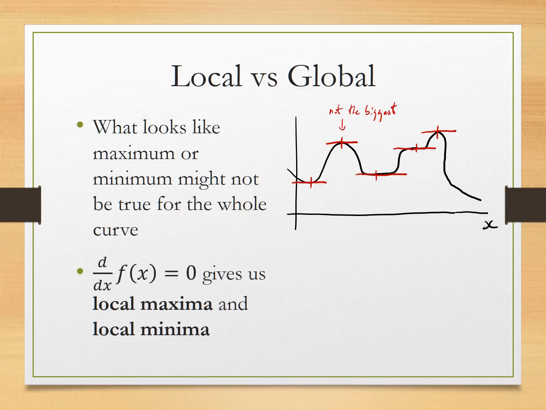The process of setting the slope equals 0 only gives you what we call local maximum and minimum. The points are the biggest around a neighborhood of points. So it's true that this point is a maximum in the sense that it's higher than all the points around it. It's just not higher than all the points on the curve.